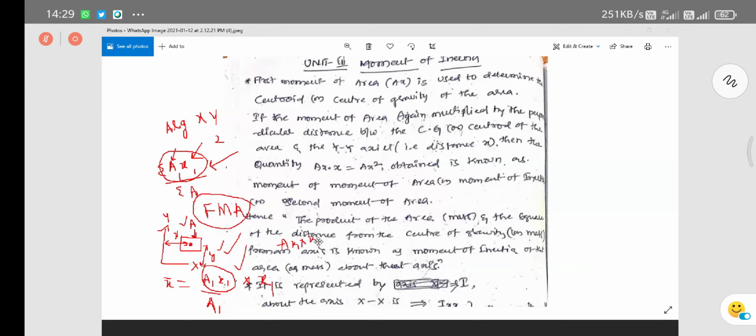So I am going to get the total quantity in the numerator. I am going to get the second moment of area as A into x square. This is going to be called the second moment of area. So the second moment of area is going to be called the moment of inertia.